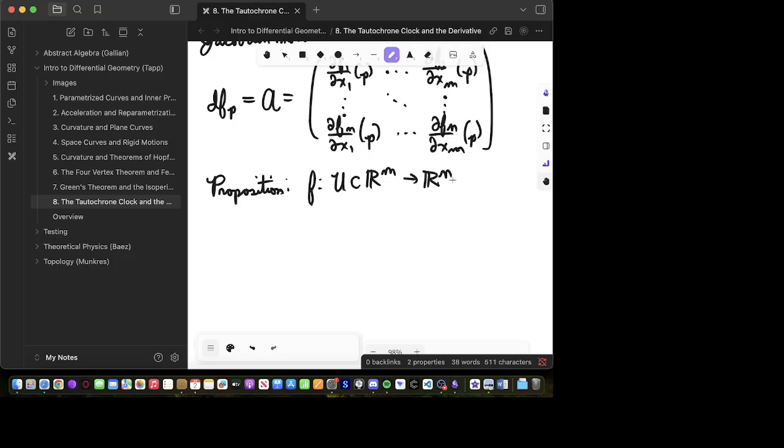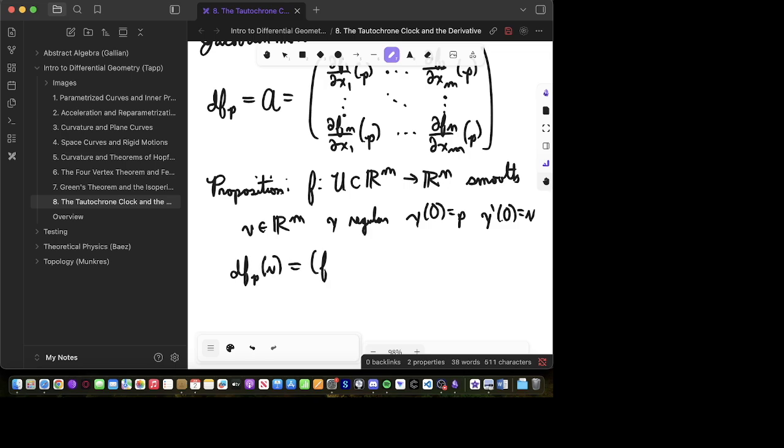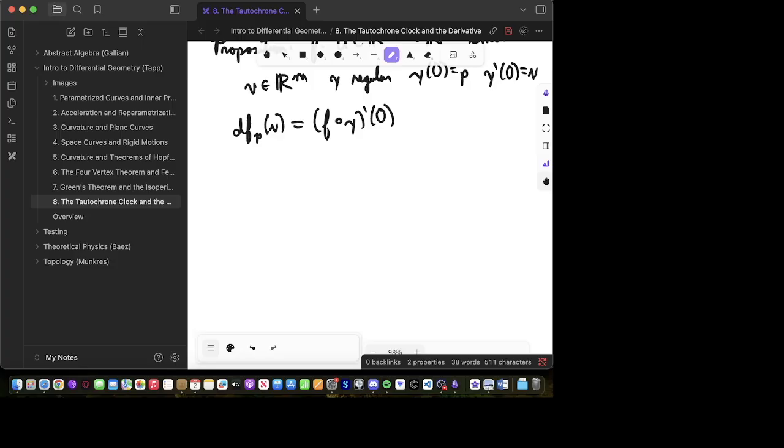If we have a function from U to R^n, and it is smooth, and v is in R^m, and gamma is a regular curve with gamma of 0 equals p and gamma prime of 0 equals v, then the directional derivative is equal to this. So basically that's sort of what I was illustrating before.